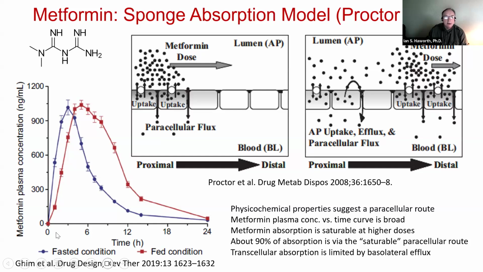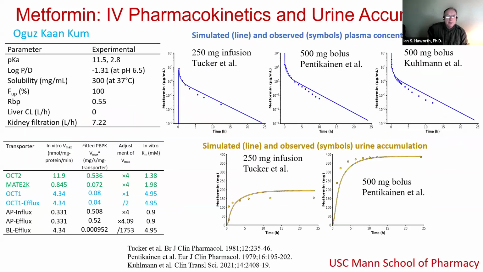But this accounts for this broad curve. So the question is, can that be modeled? Pretty complicated to model all of that. Auguste Cancum, also a student in my lab, but now working with Simulations Plus, did all of this.